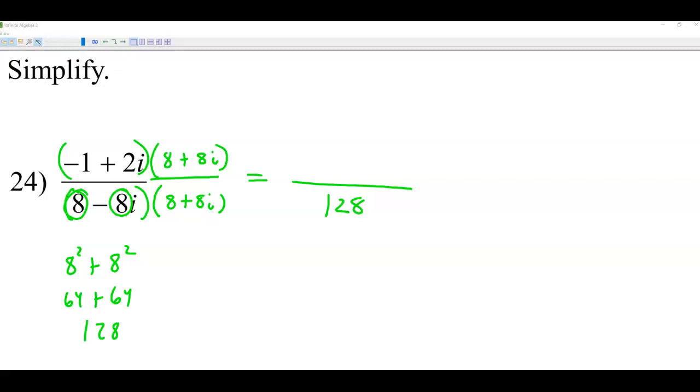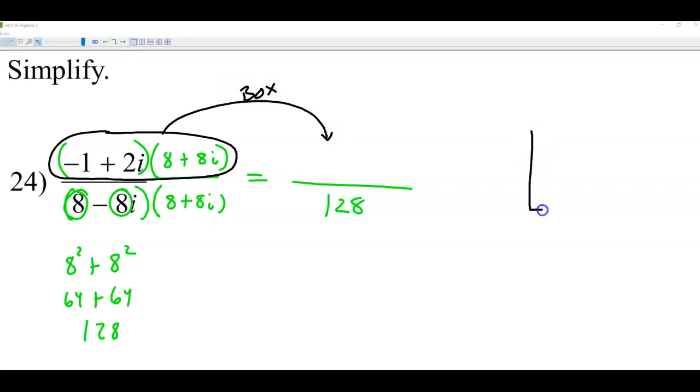Okay, but for the top, we can't use the shortcut because this is not a conjugate pair. So for this, we're going to have to actually just use the box method, which I guess I'll show off to the side over here.